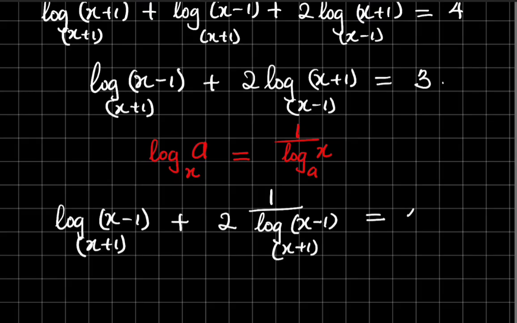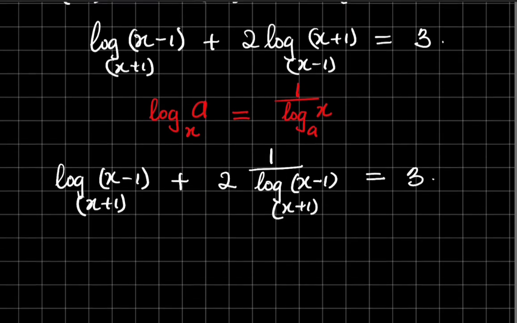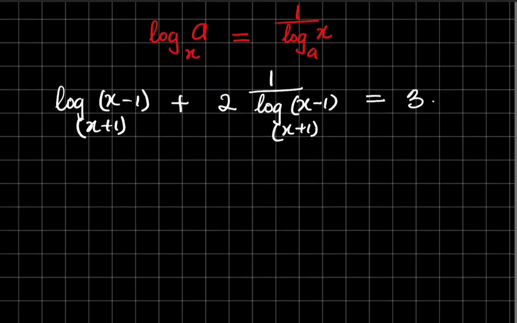Everything is still equal to 3. All right. Now, from the look of things, they have the same base, x plus 1. Our intention is, if they have the same base, we can perform operations between them. Everything now has a base of x plus 1.